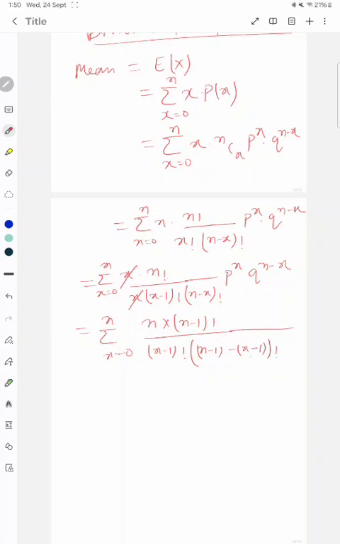Here we do nothing but just write n minus x as n minus 1 minus x minus 1, so the 1 is added and the 1 is subtracted, and there is no change. We can write p^x as p into p^(x minus 1), and q^(n minus x) in exactly the same way as q^(n minus 1 minus (x minus 1)).